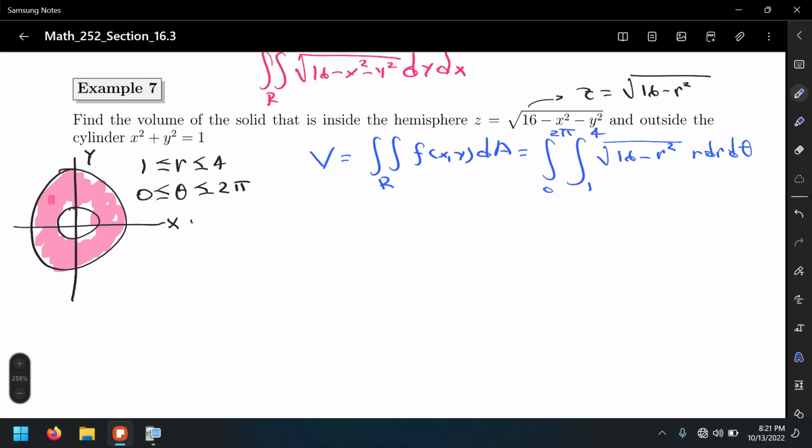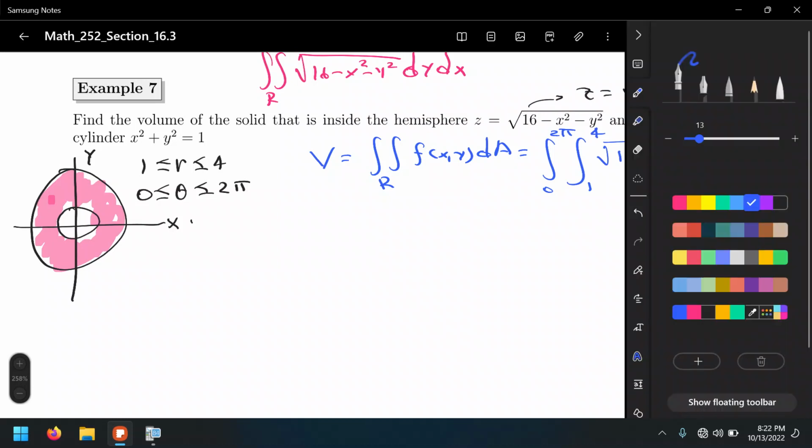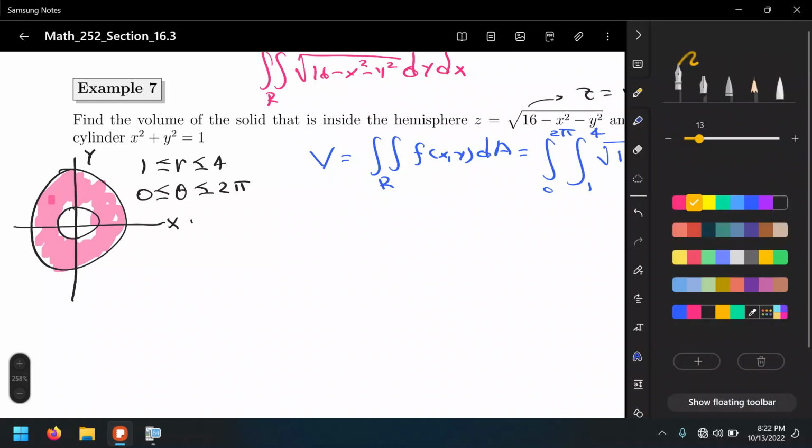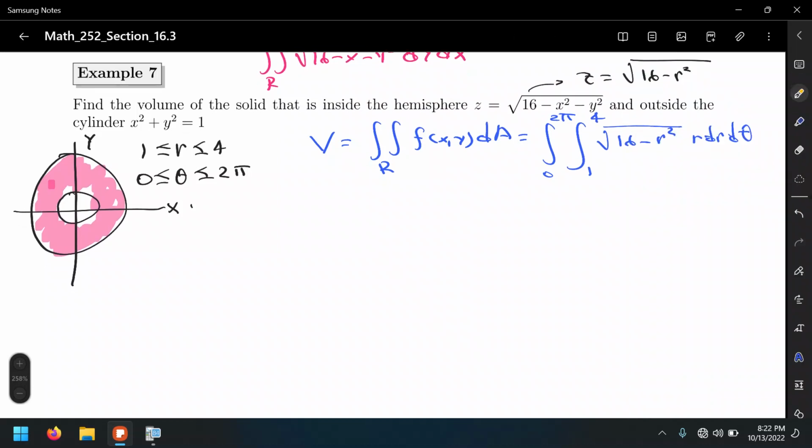And again, unless otherwise stated, like we want the volume only for the upper part or one side, in this case it's the whole thing. So u equals 16 minus r squared, du equals negative 2r dr, and r dr equals negative 1/2 du.